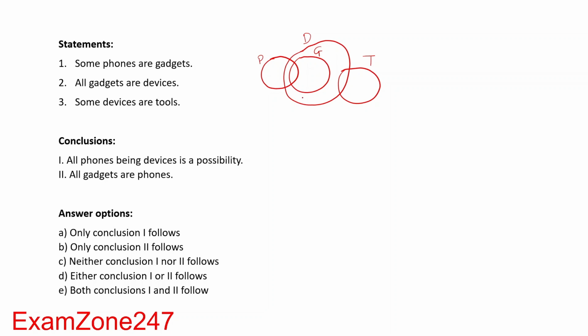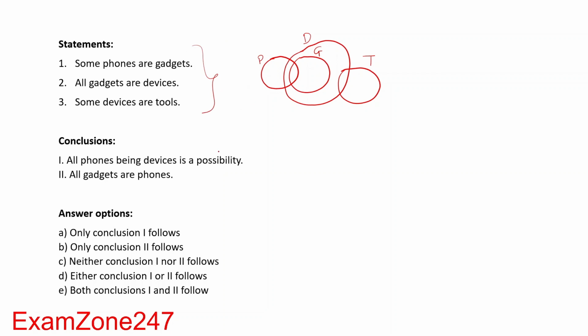Now when I look at the diagram, all the phones being devices, he is asking whether it is a possibility or not. That means you have to just tell him that I can draw a diagram with this possibility also and still the statements will be right.